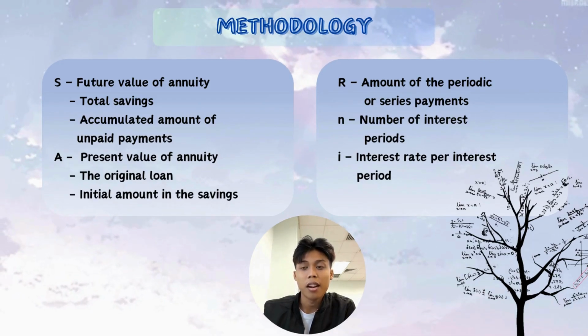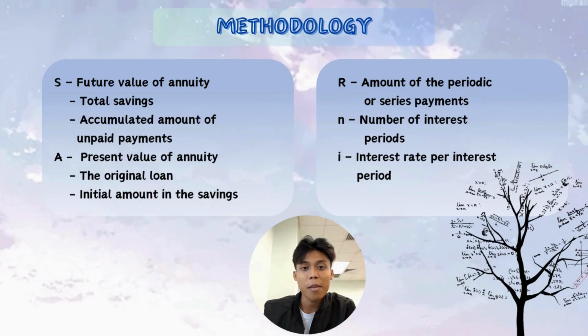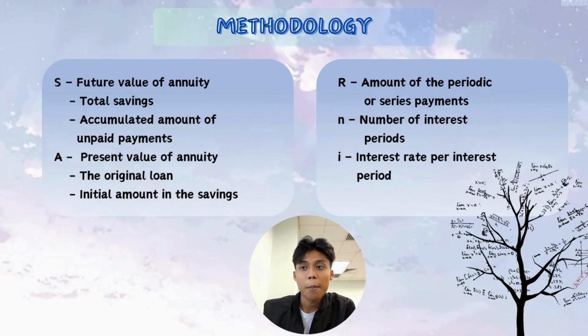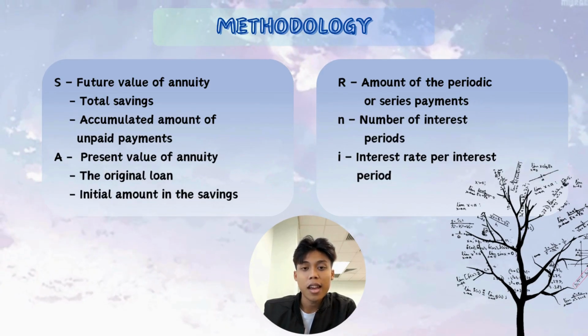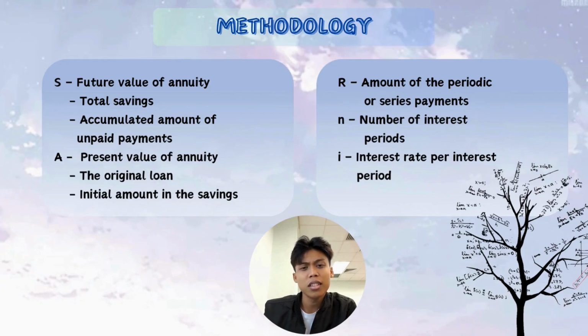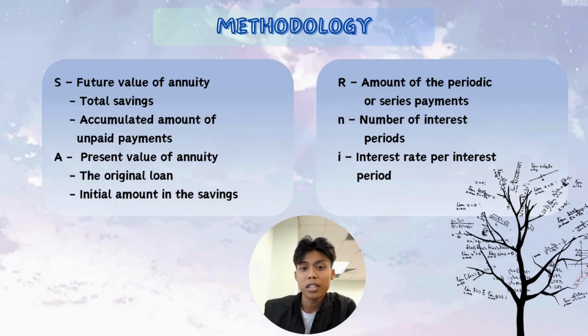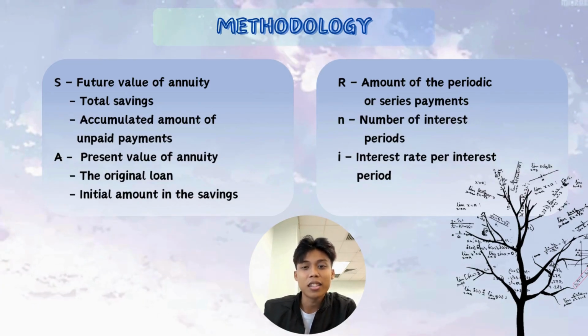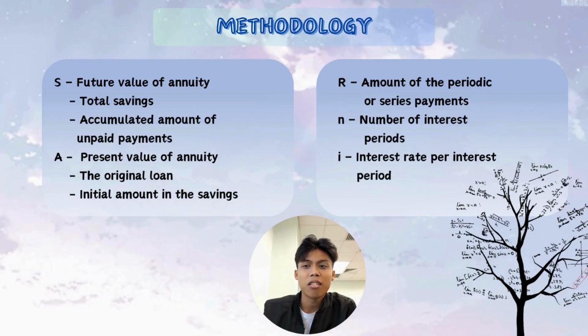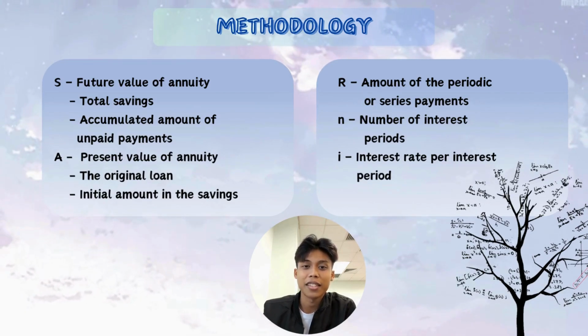R is the amount of the periodic payments, which is the fixed amount paid or received periodically. N is the number of interest periods, which is the total number of periods over which payments are made. I is the interest rate per period, which is the rate of interest applied per period.